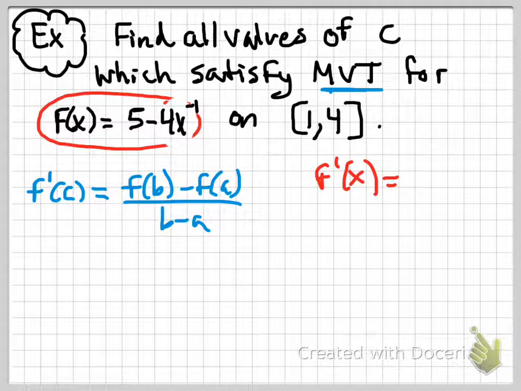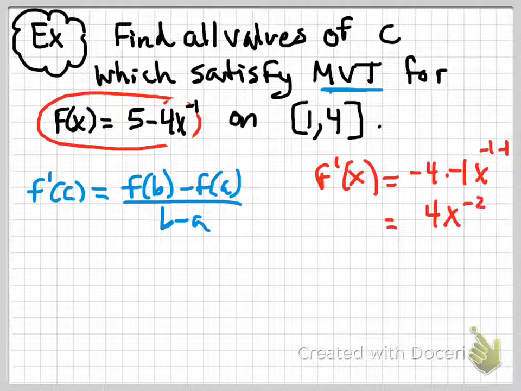So my derivative, when I power rule it, is going to be negative 4 times negative 1, x to the negative 1 minus 1. So this is going to be positive 4x to the negative 2 power. Or I could say positive 4 over x squared, like that.